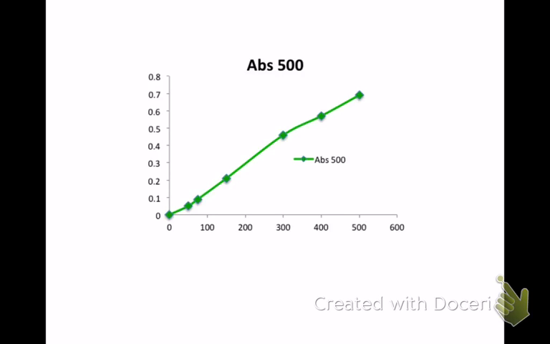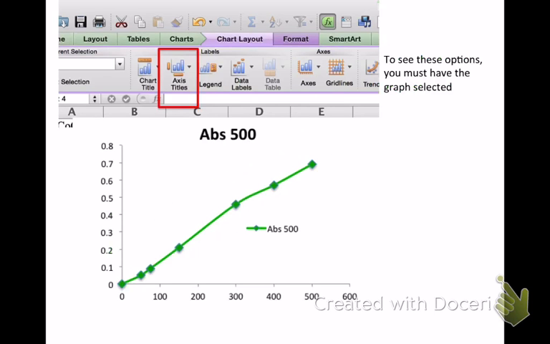Before I do anything else, I'm going to add labels to the X and Y axis. As we did before in the other tutorial, we're going to go up to the function axis titles, shown here. I want to remind you that to see these options, at least in Excel, you have to have selected your graph before these options will be available. The first axis title I'm going to do is the horizontal.